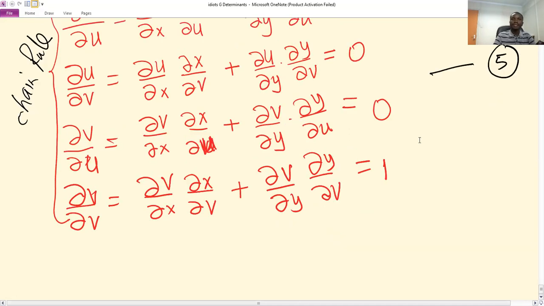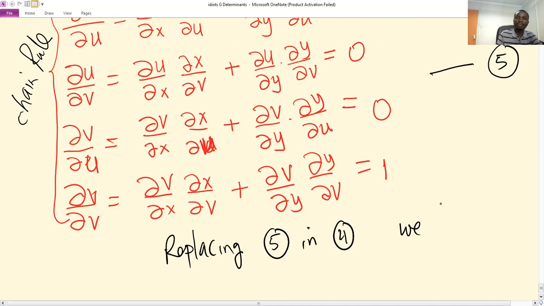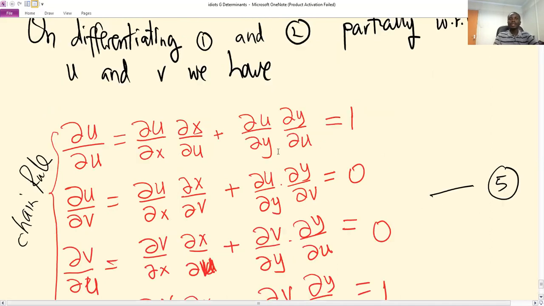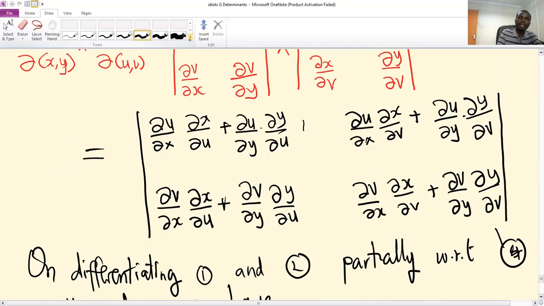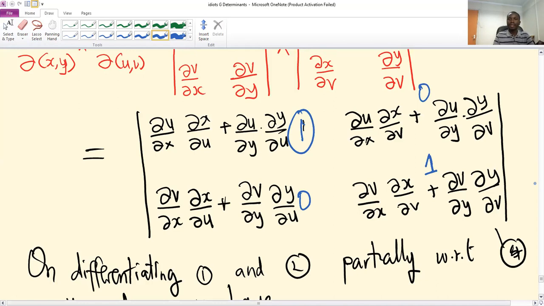Replacing 5 in 4, remember this is 4. This is what was representing 1, if you check 5; this is what we have gotten to be 1, this 0, this 0, and this 1.